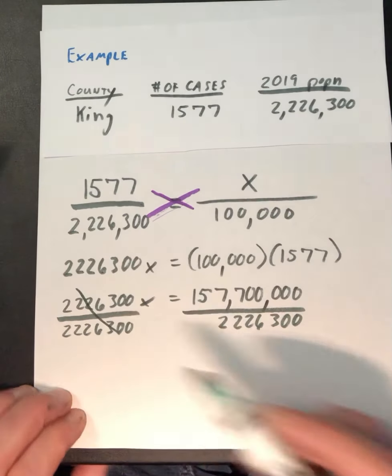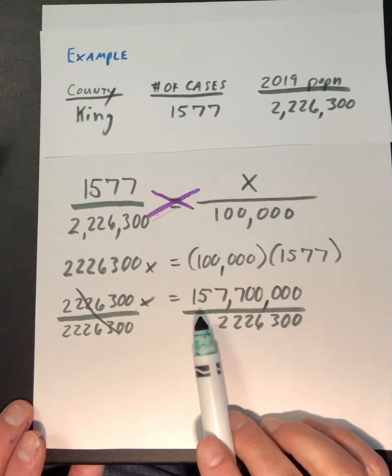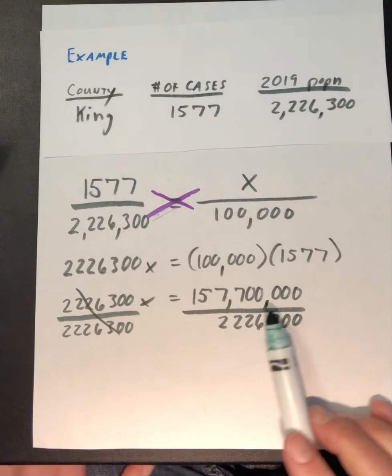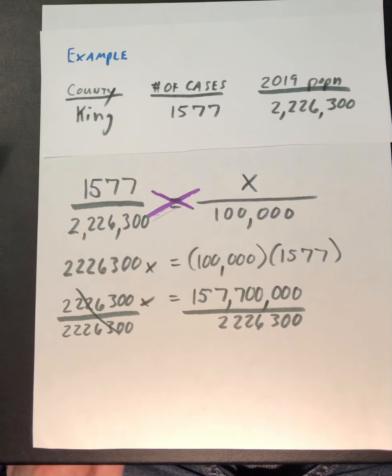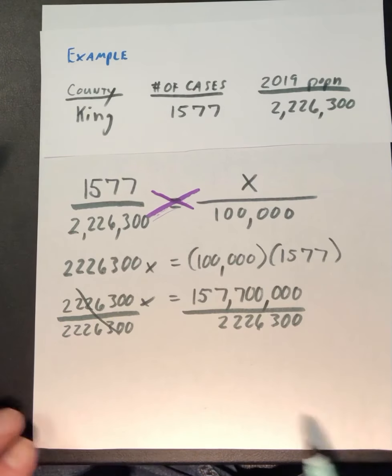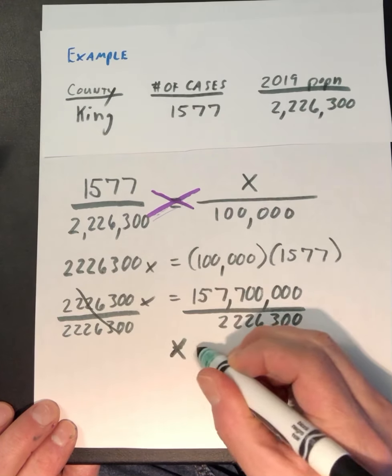And these cancel out, correct? So X equals 157,700,000 divided by 2,226,300.